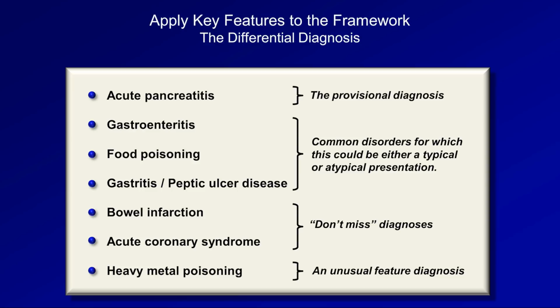For the most part, the greatest degree of agreement involves the provisional diagnosis, and as you move further down the list, ideas start to diverge a little bit. I would certainly expect most experienced doctors to identify pancreatitis as the leading diagnosis in this case.